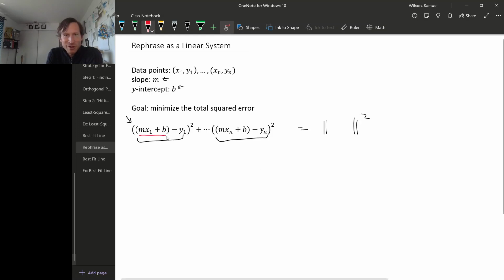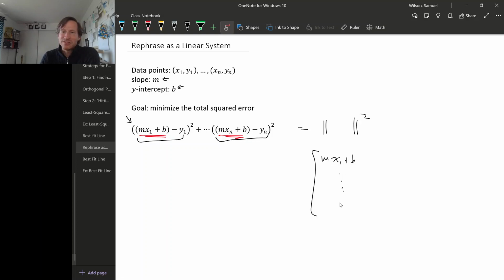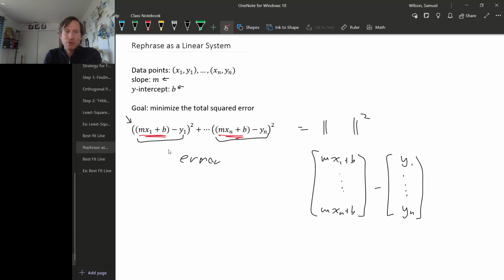There's this one, mx1 plus b, all the way to mxn plus b. And then there's the one with all the y's, so minus this vector with all the y's, y1 down to yn. So this total error thing that we're trying to minimize is actually the square magnitude of this vector.